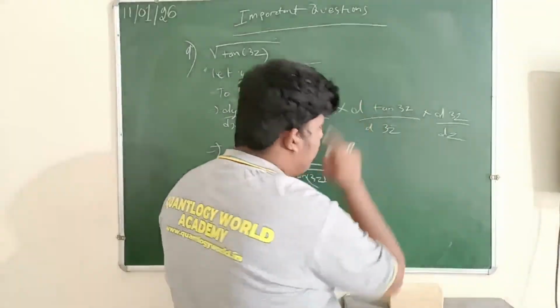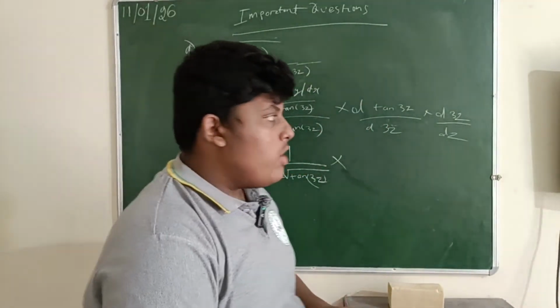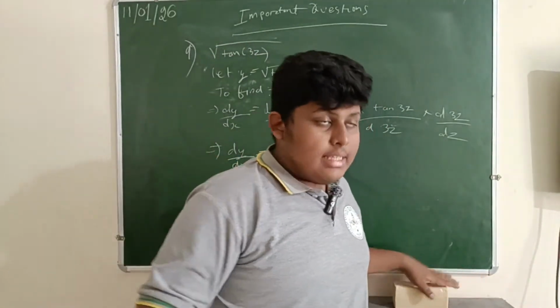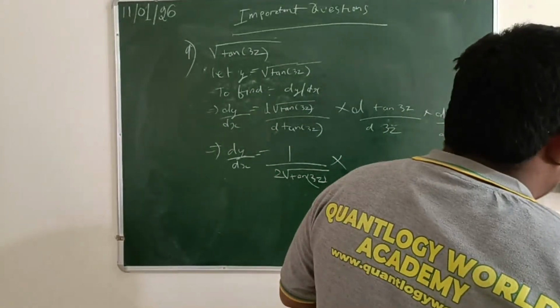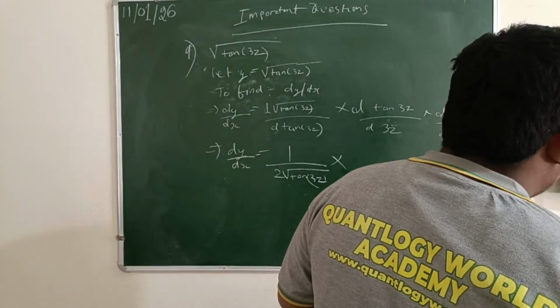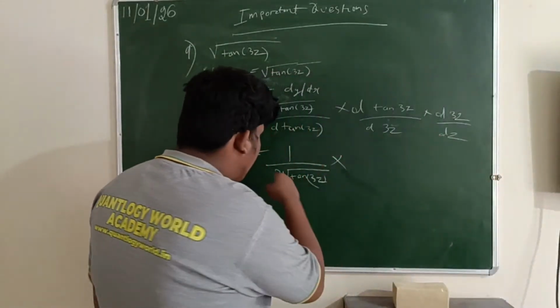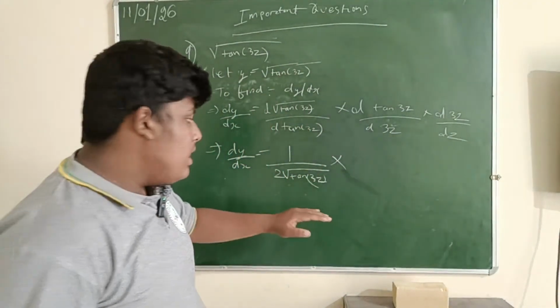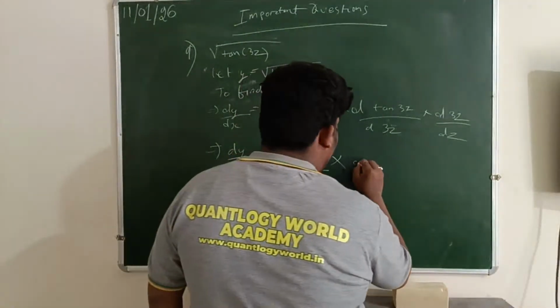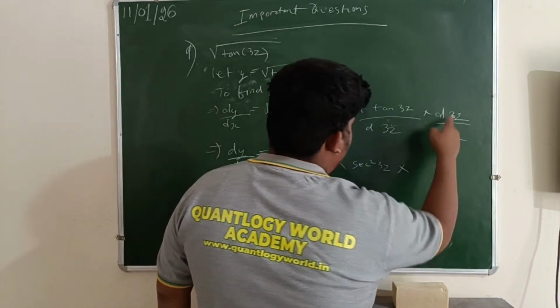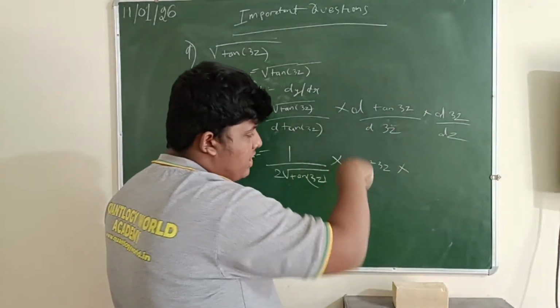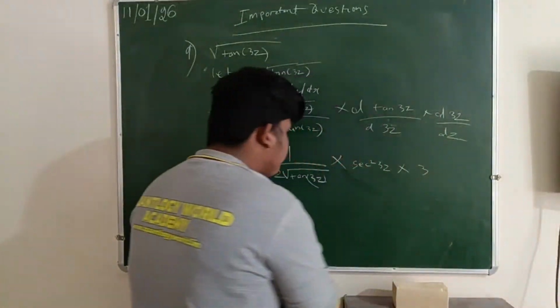Then the derivative of tan 3z: the derivative of tan x is sec square x. So 1 by 2 root tan 3z into sec square 3z into the derivative of 3z, which is 3.